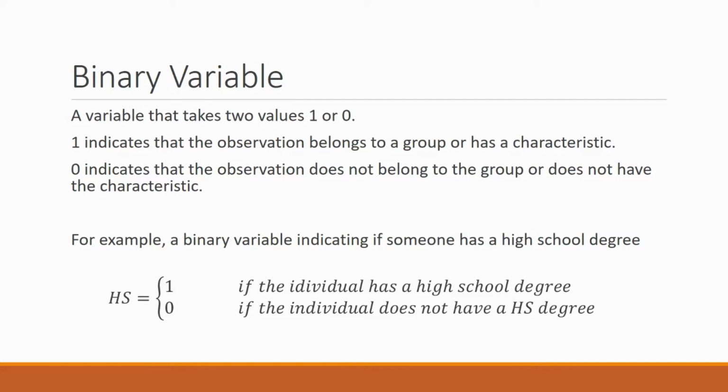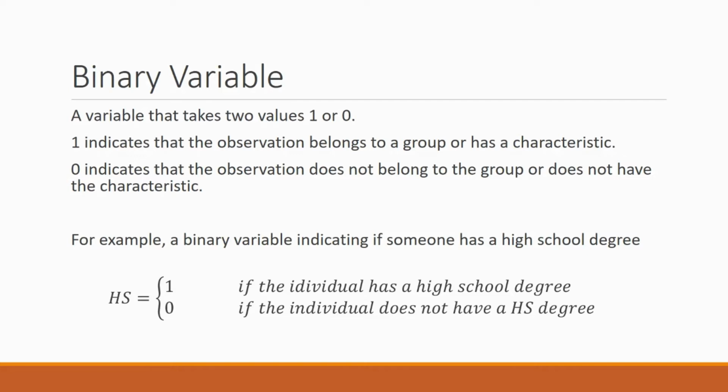Sometimes this is called success. So it equals 1 if there's a success, or 0 if there's a failure. Typically our binary variables will indicate that an individual or a group, whatever our observation is, belongs to a particular group or has a particular characteristic, and 0 indicates that the observation does not belong to that group or does not have that characteristic.